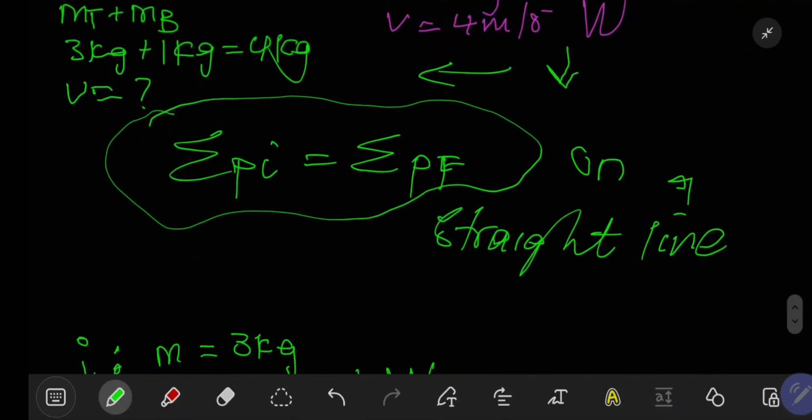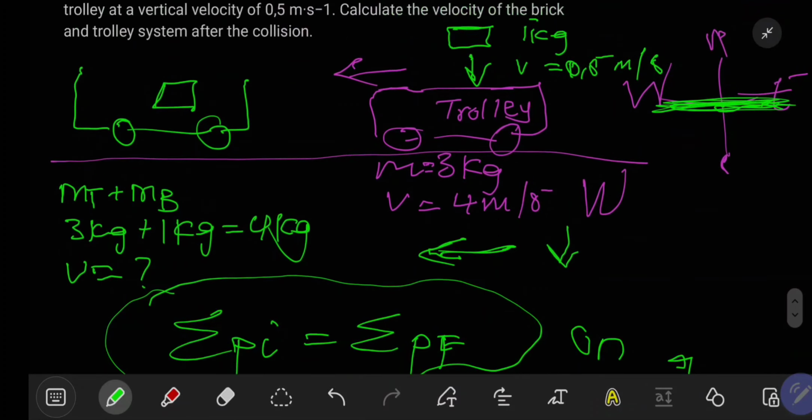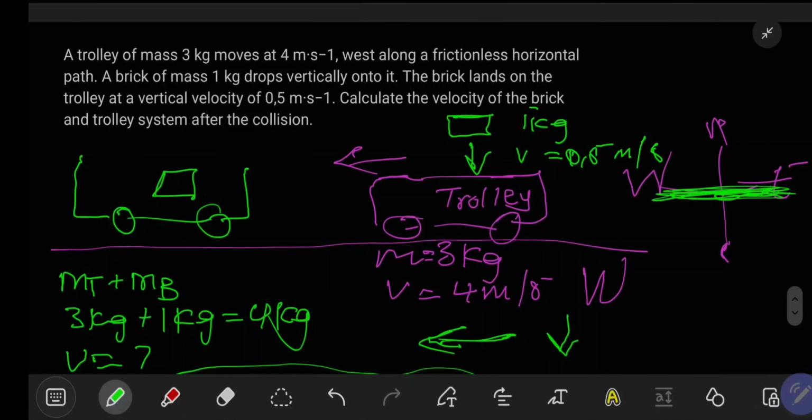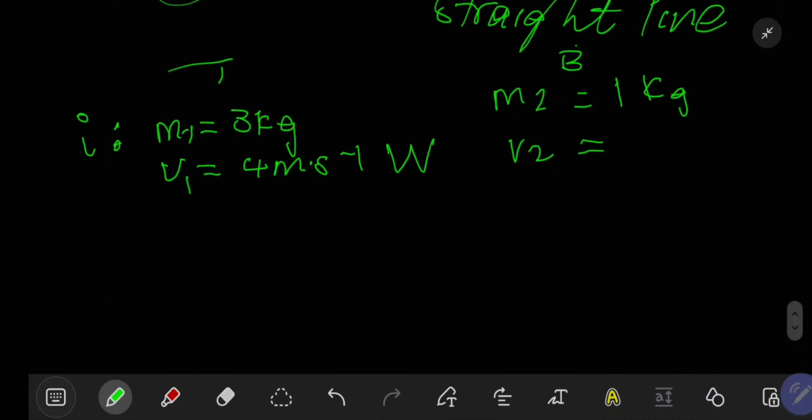The brick had a mass of 1 kg, and its horizontal velocity was 0 because it was dropped vertically. It only had a vertical velocity, so we consider the horizontal velocity to be 0 meters per second.